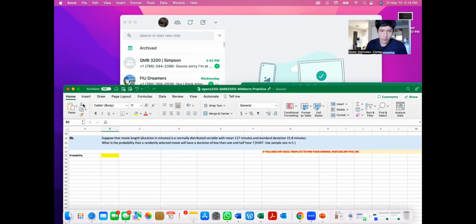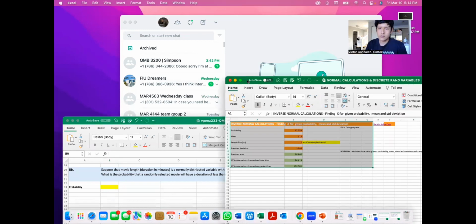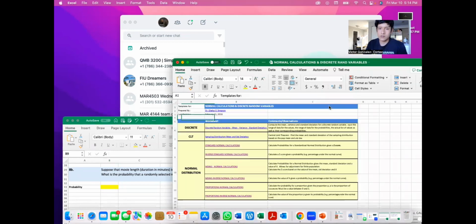So for this one, we're looking for a probability. So instead of using the inverse normal calculations, we're going to be using the means normal calculations. This is to calculate a probability of a distribution given a mean and a standard deviation.